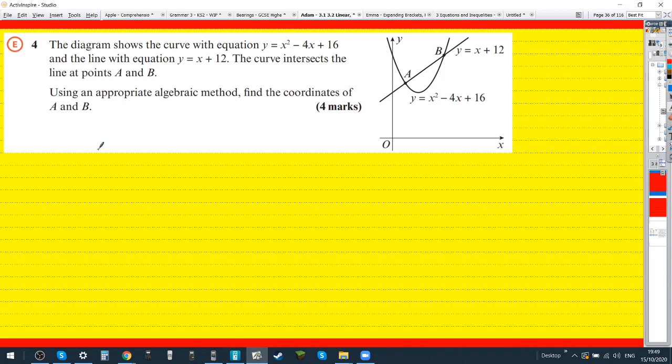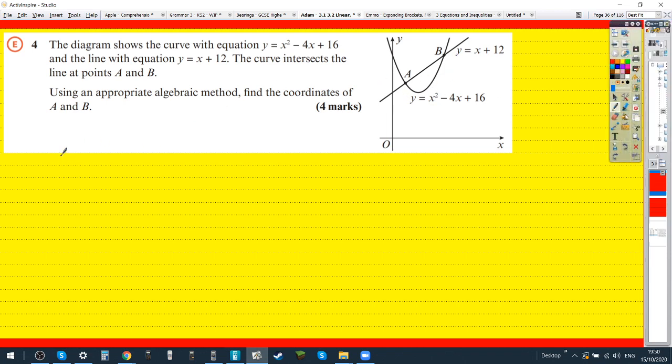That's the equation of that curve. Any idea how you solve to find the points of intersection? I don't know.